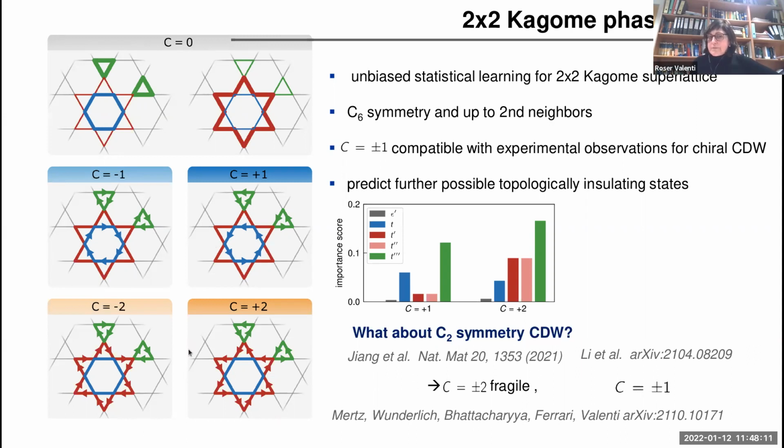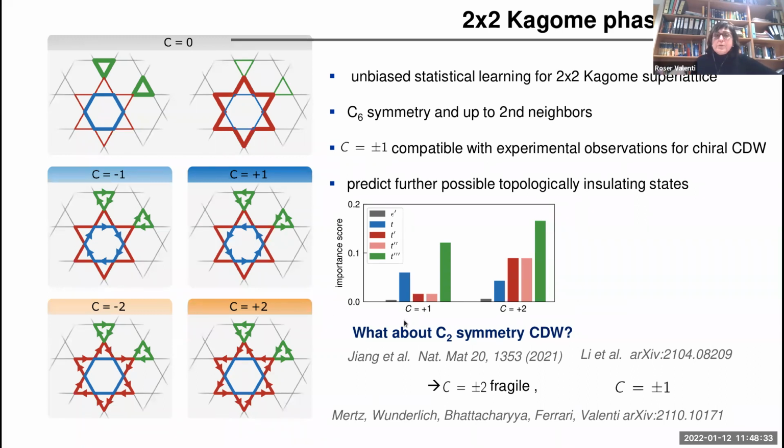There are also some phases which are higher order. If we compare with what we know from experiment for these vanadium Kagome metals, what we find is that some of the phases that seem to be reported correspond to these C1, C-1 phases.